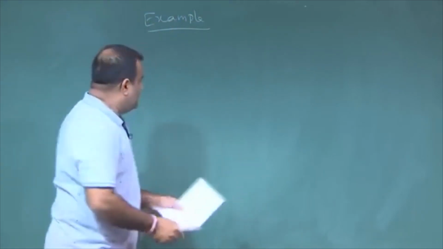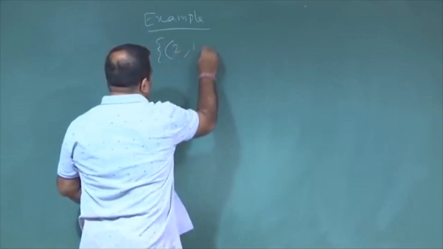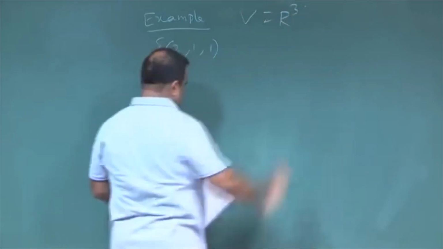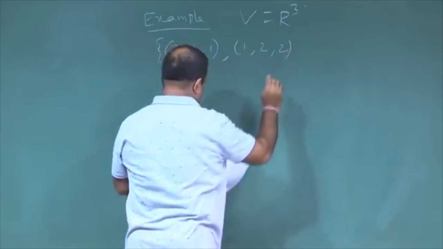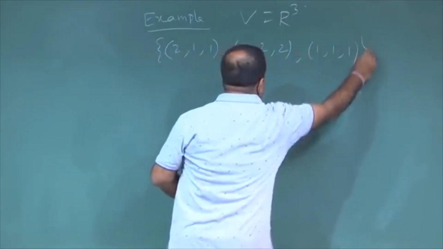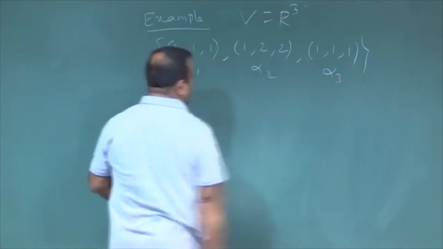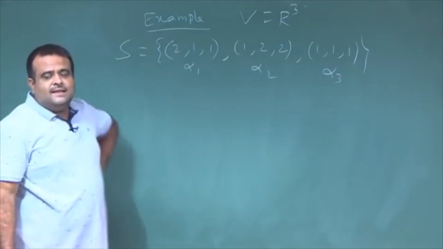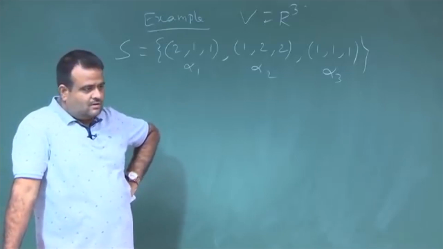Suppose we have a set of vectors, say (2, 1, 1), (1, 2, 2), and (1, 1, 1) from R3, our V is R3. So, this is our alpha 1, this is our alpha 2, this is our alpha 3. We want to check whether this set is a linearly dependent or linearly independent set of vectors or not.